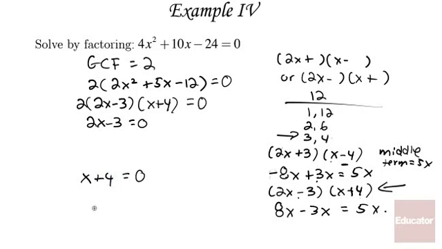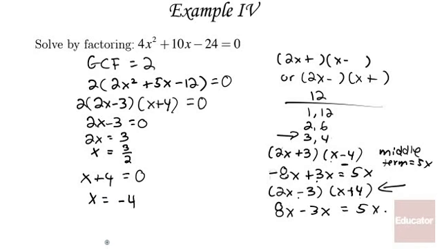So I just need to go ahead and solve those to get 2x equals 3, or x equals 3/2. Okay? Here, I just have x plus 4 equals 0, and that's simple. It's x equals negative 4.